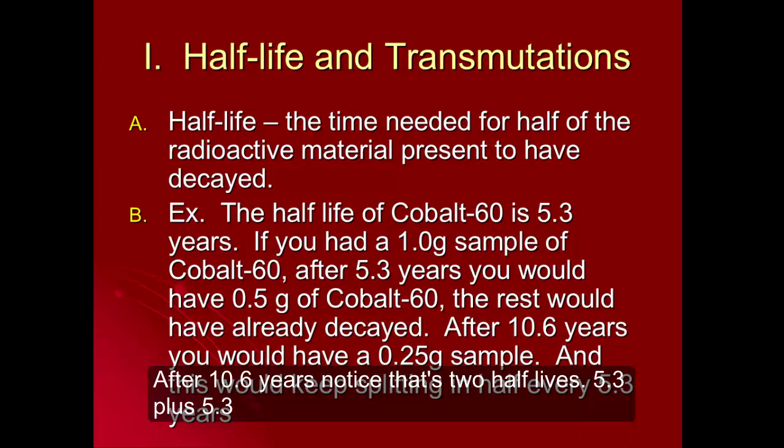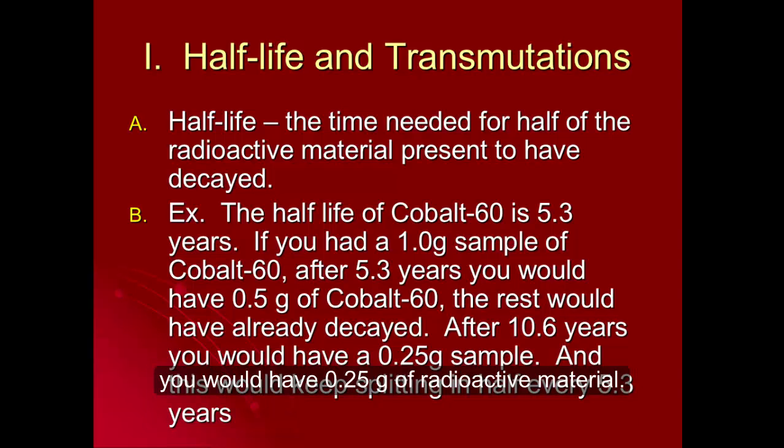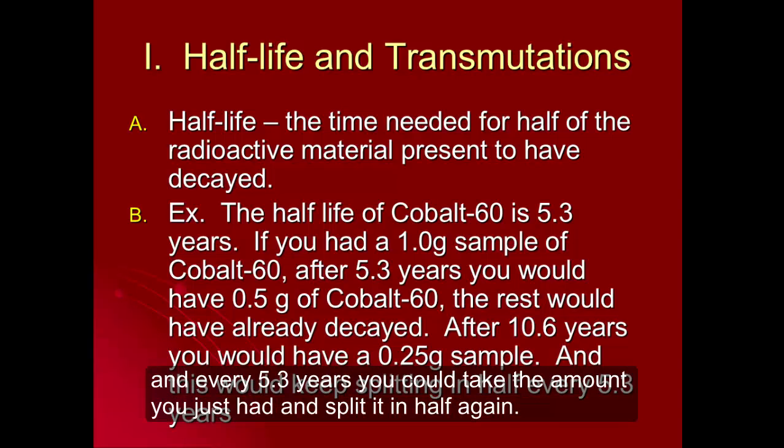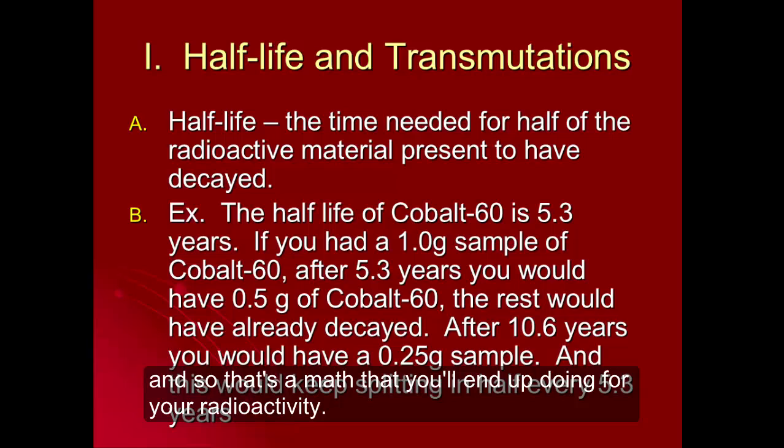After 10.6 years, notice that's 2 half-lives, 5.3 plus 5.3, you would have 0.25 grams of radioactive material. And every 5.3 years, you could take the amount you just had and split it in half again. That's the math that you'll end up doing for your radioactivity.